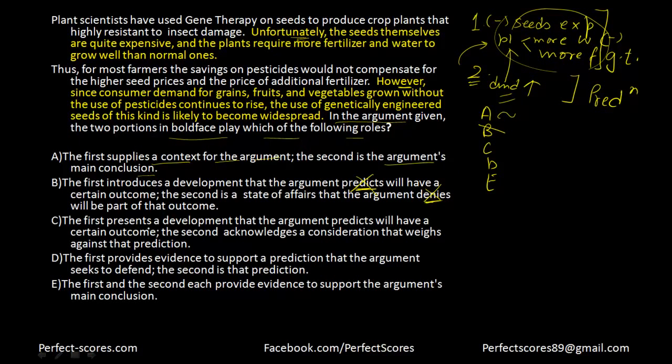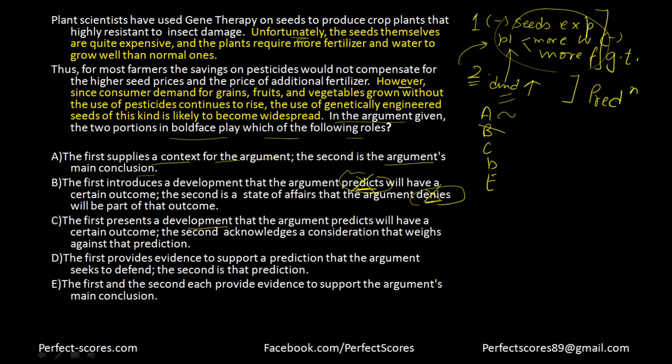C says the first presents a development that the argument predicts will have a certain outcome. The second acknowledges a consideration that weighs against that prediction. Now remember, although we cancelled out option B because of the word predicts, the major reason was this word denies. Let's look at option C. It says the first presents a development.